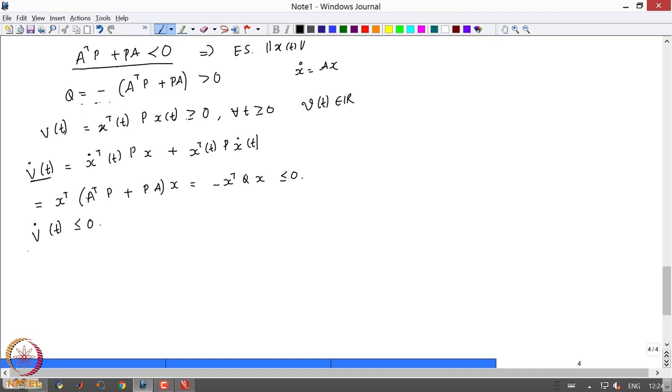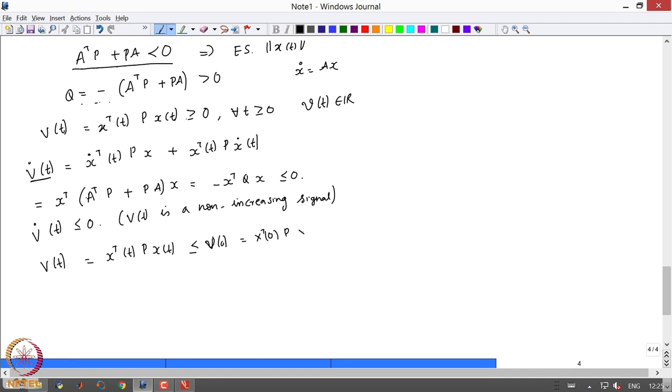This means that V of t is a non-increasing signal, and if V dot is non-increasing, then V of t, if I take any arbitrary time t, x transpose of t P x of t would be less than or equal to the value of the signal V at 0, which is x transpose 0 P x of 0, and this holds for all t greater than or equal to 0.